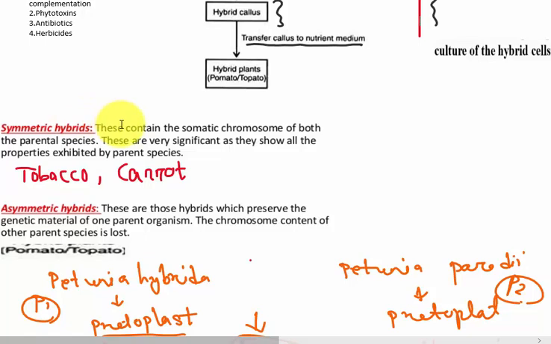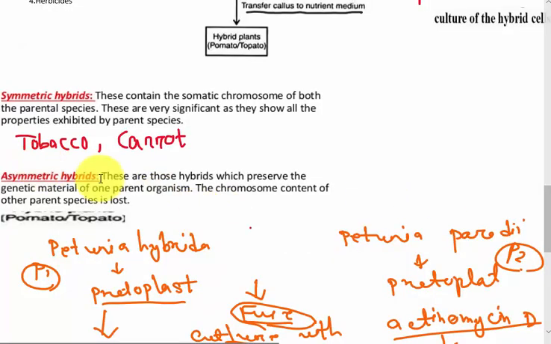The symmetric hybrids contain the somatic chromosomes of both the parental species, and these are very significant as they show all the properties exhibited by the parents. Next is the asymmetric hybrid. These are hybrids which preserve the genetic material of only one organism, so the chromosomes of the other parent species are lost, just like the example of Oma.